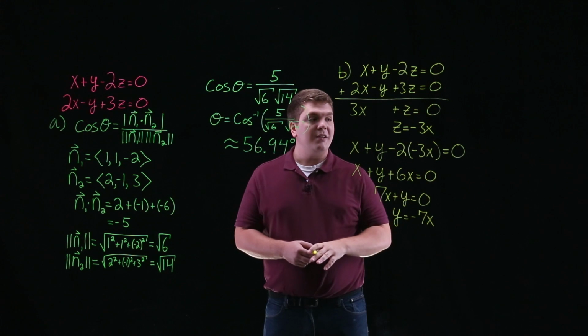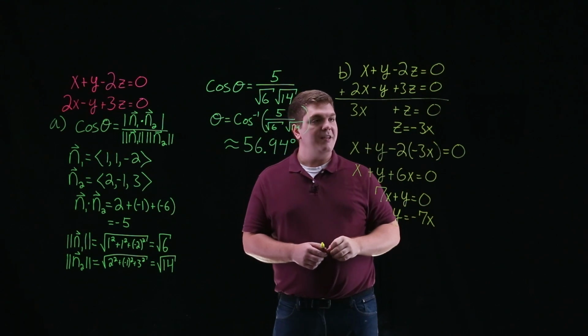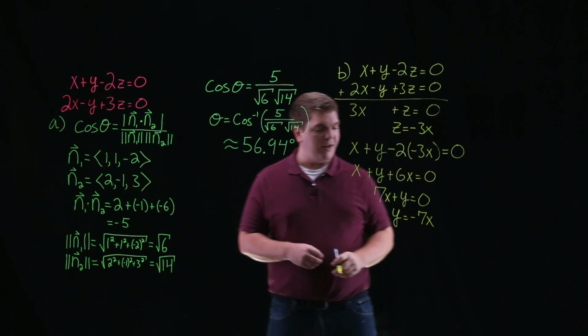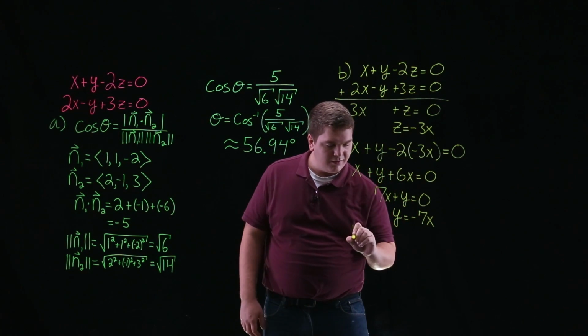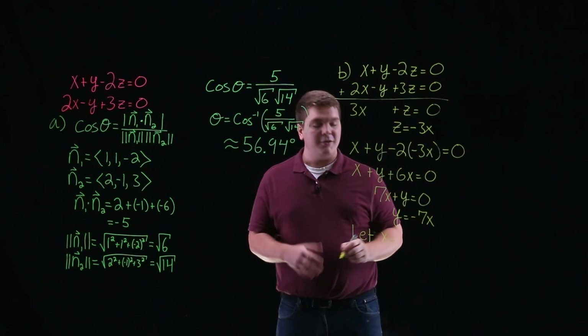So what we'll want to notice here is we have y solved for in terms of x, and we have z solved for in terms of x. So what we can do is let x equal our parameter t.